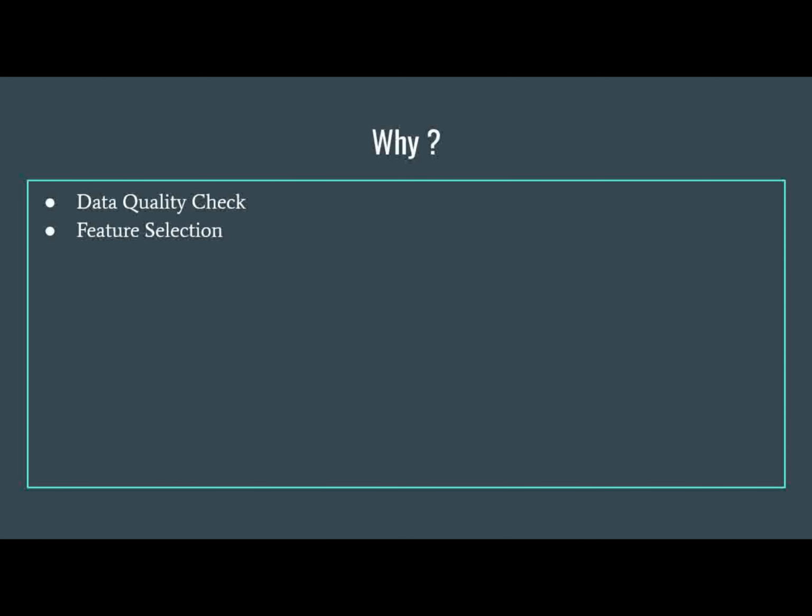Second is feature selection. There can be various features which could or couldn't be helpful for your model, right? So we have to identify the features or variables in the data set which are more important in predicting the target variable.